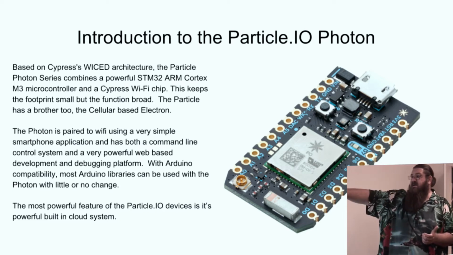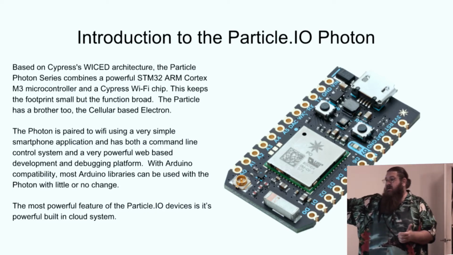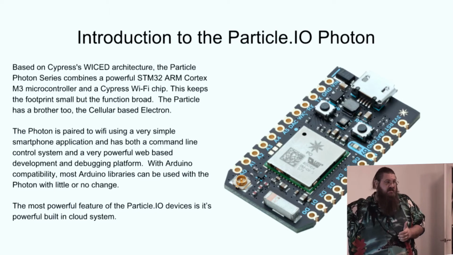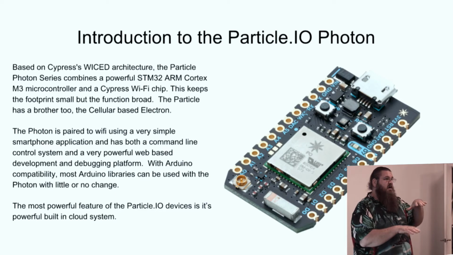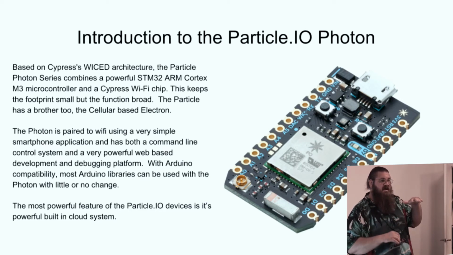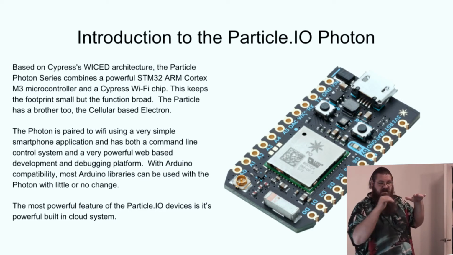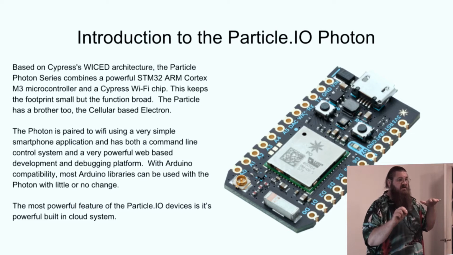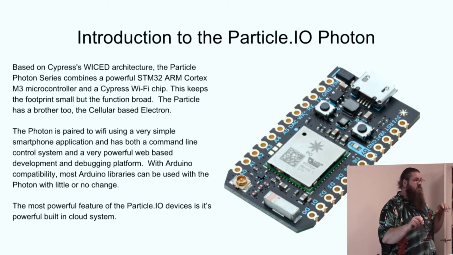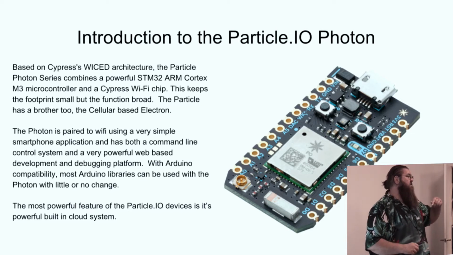One of the things they did was take a device and add a cloud component on top of it. So now in my code, I can say, make this variable cloud accessible. So I can do a get and a put on that variable, and the variable will actually change inside of my microcontroller. I can also call functions, right?